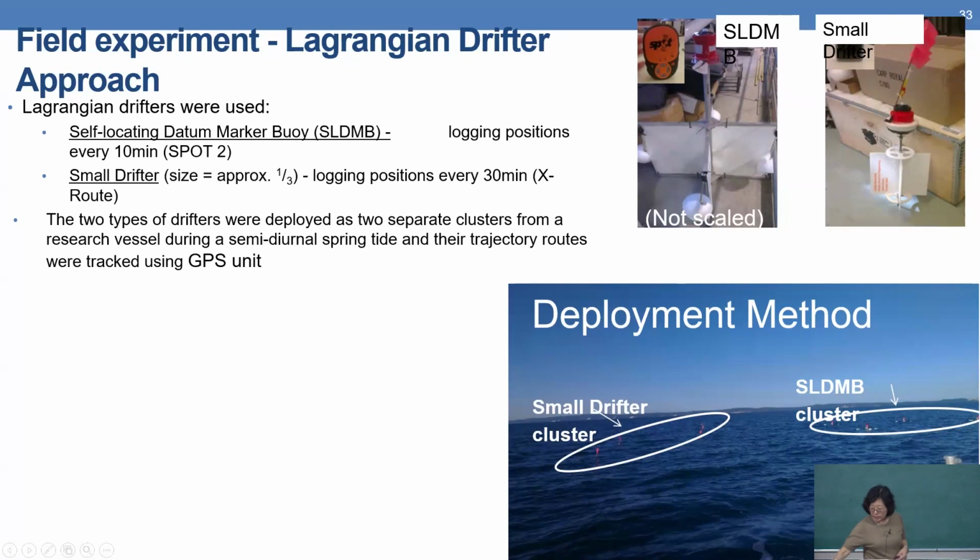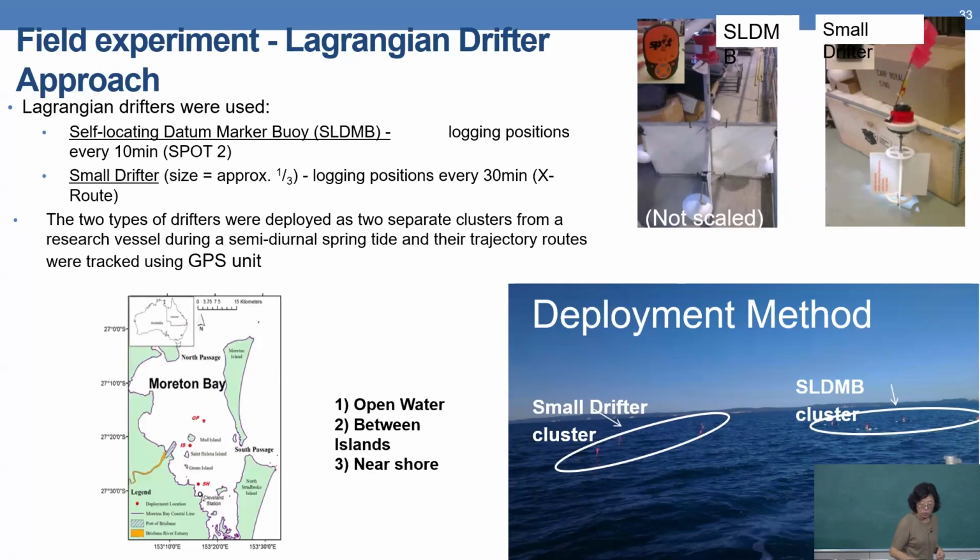And then we select locations, those marked in red. This one is in open water, in the middle of the bay. Then we select another one between islands, that's this one. And then we have another one near shore.